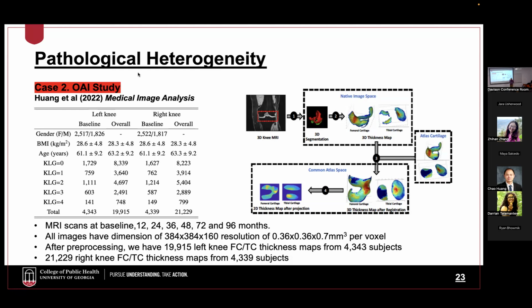The 3D cartilage areas are more like objects that are not easy to analyze. So we only focus on the thickness of the cartilage areas, and we project from the 3D space to the 2D space. Then at each point, we have the thickness value at each voxel for the cartilage area. Finally, we only focus on this 2D thickness map for both the tibia and the femur.